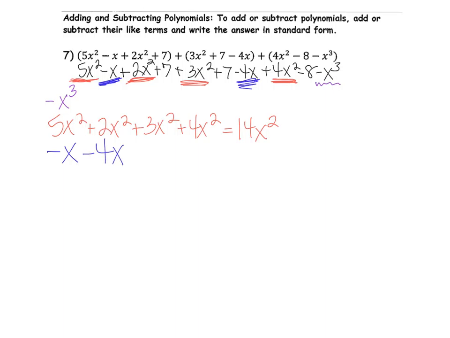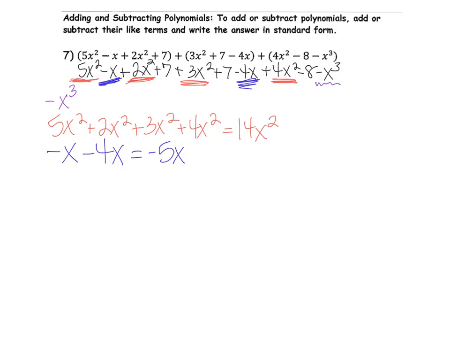Those two go together. What's a -x and then minus 4x? It's -5x, and you keep just x. No squared, no third, nothing.